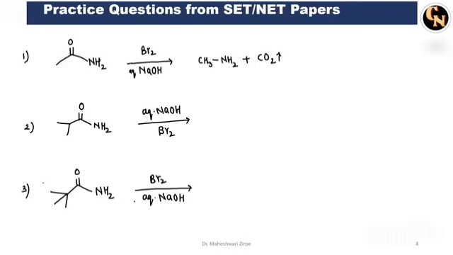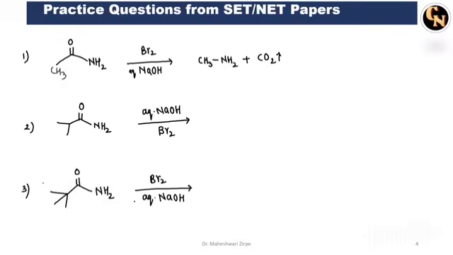See the first one: CH3 C double bond O NH2, when treated with bromine in the presence of aqueous NaOH, obviously it is going to undergo Hofmann rearrangement reaction, and you will find the amide has been converted into primary amine, plus there is loss of carbon dioxide gas. We have already stated in our definition of Hofmann rearrangement that there is elimination of the carbonyl group. Carbon dioxide gas is released and you get a one carbon less product.